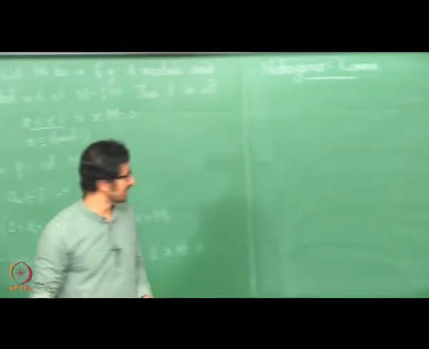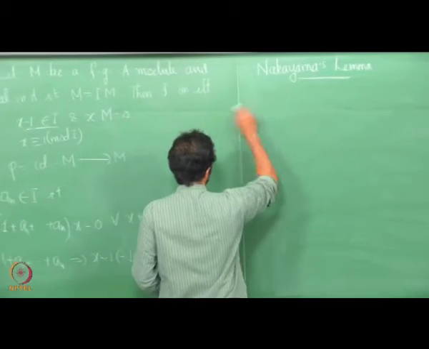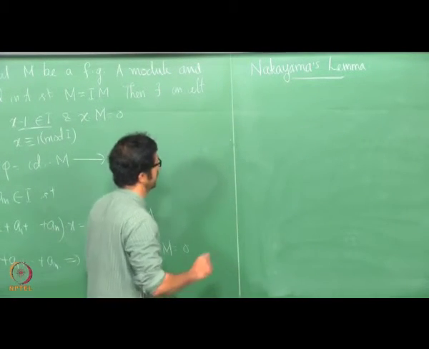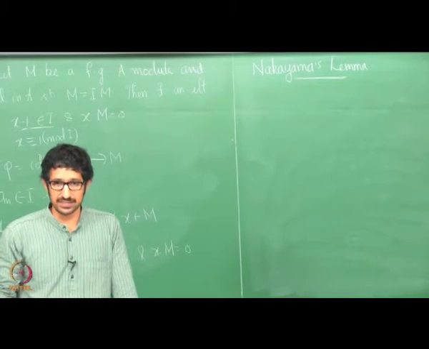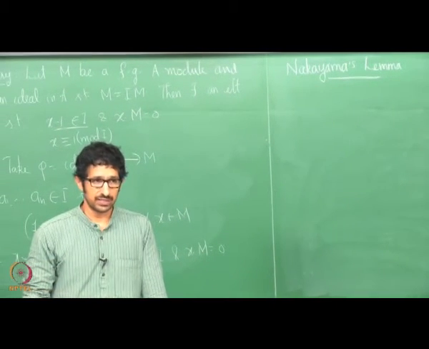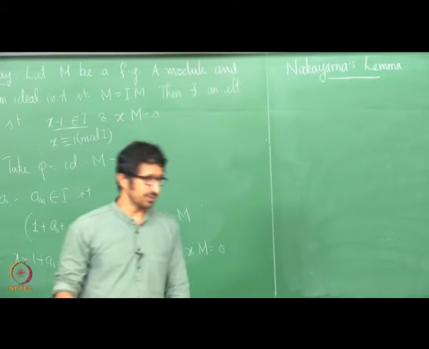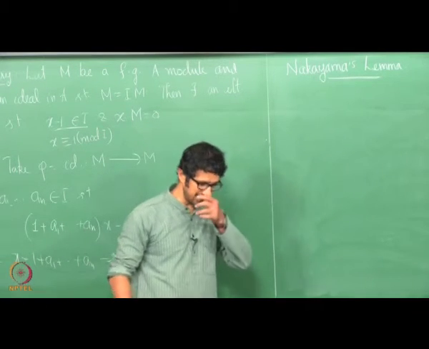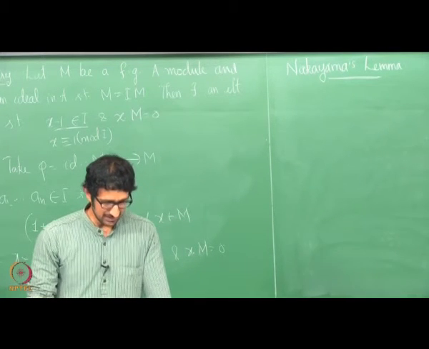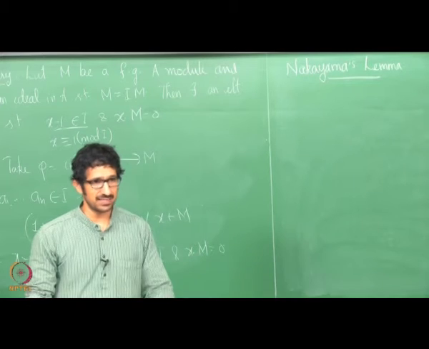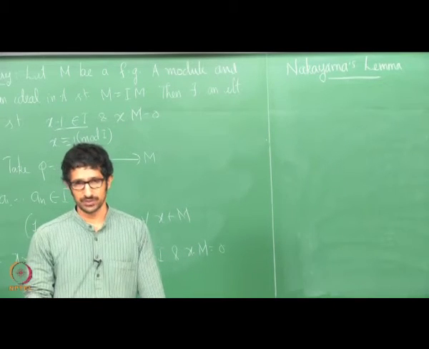In the book of Matsumura, Commutative Ring Theory by Hideyuki Matsumura, there is something interesting written about Nakayama's lemma. It seems Nakayama claims that this is not his contribution.